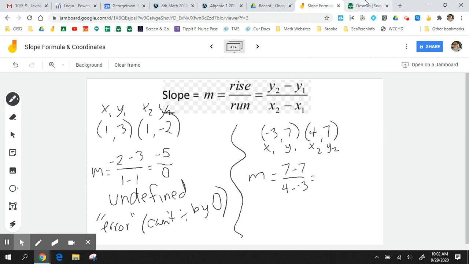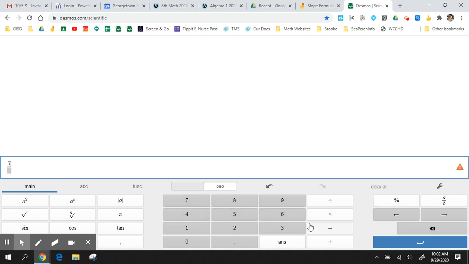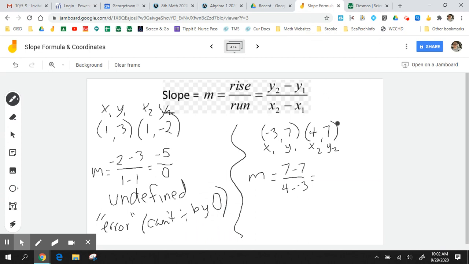Okay, so I'm going to put it in Desmos. Let me clear all. 7 minus 7, and the denominator is 4 minus -3. All right, so Desmos over here on the right-hand side gives me a 0 as my answer. You can have a 0 slope.